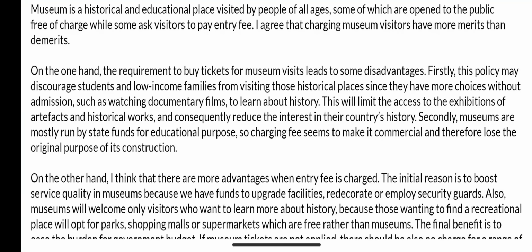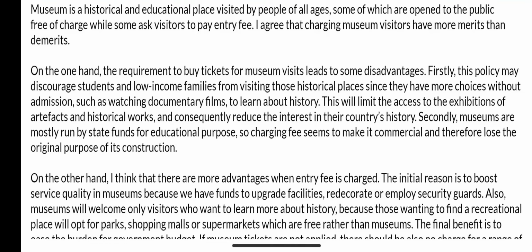Firstly, this policy may discourage students and low-income families from visiting those historical places since they have more choices without admission, such as watching documentary films to learn about history.